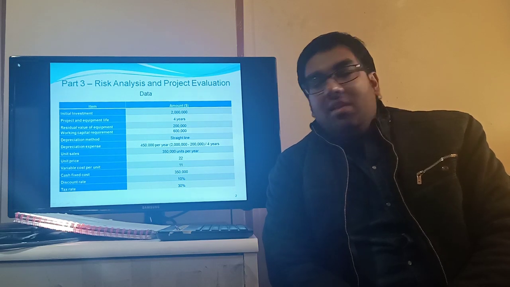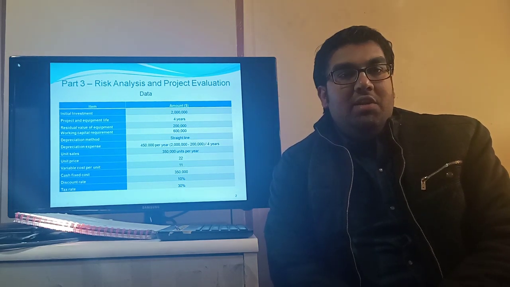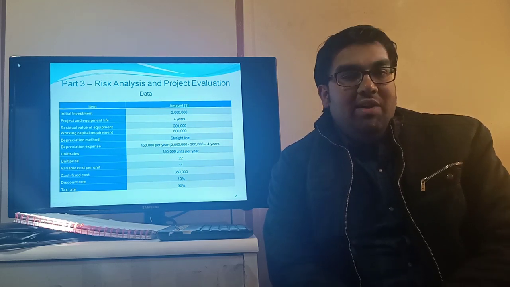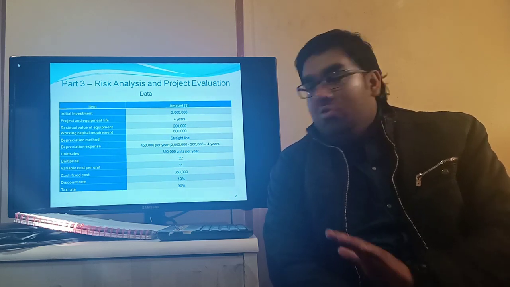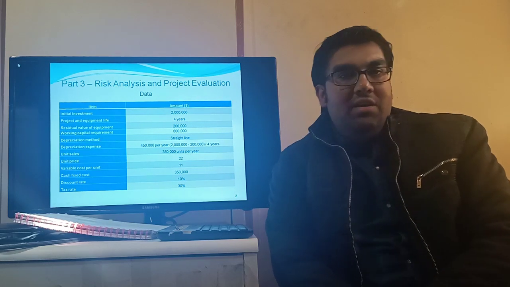As the data in the slides depicts, the project involves an initial investment of $2 million with a life of 4 years. The residual value of equipment was $200,000, while the working capital requirement was $600,000. Both the residual value and the working capital will be recovered in the fourth year of the project.